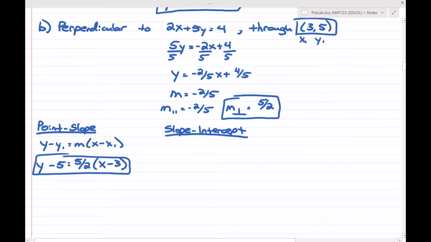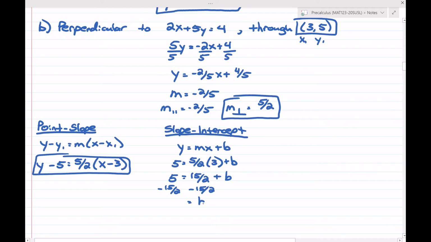In slope-intercept form, remember it's y is equal to mx plus b. So our y value, we're going to use our point, which was 5. Our slope was 5/2. The x value of the point was 3. So we get 5 is equal to 15/2 plus b. And if we subtract 15/2 on both sides, 5 is the same thing as 10/2.